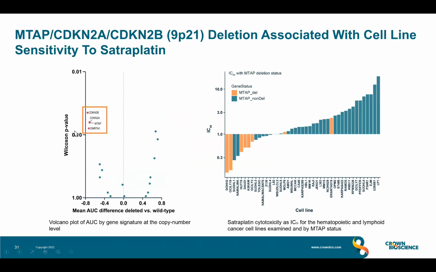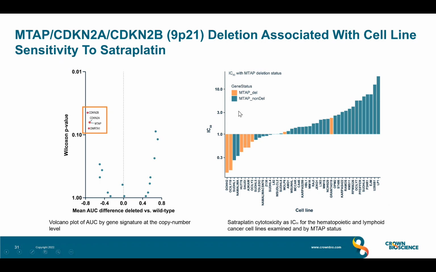On the DNA copy number level, we also observed that deletion of MTAP, CDKN2A, CDKN2B, 3 genes located in the same genomic area, 9p21, together with DMRTA1, is associated with cell line sensitivity to satraplatin, which agrees with the results on the gene expression level.